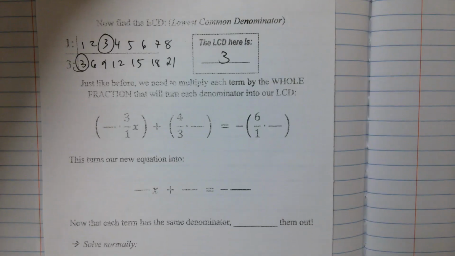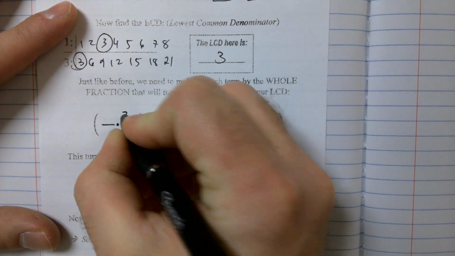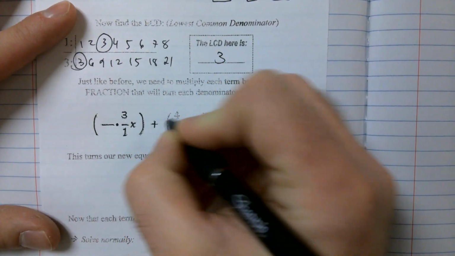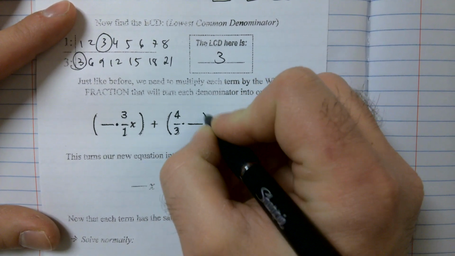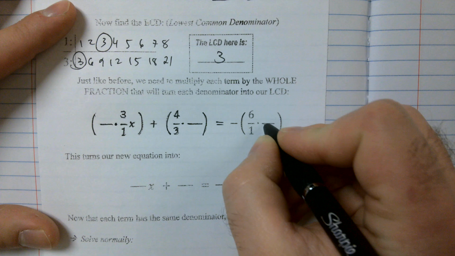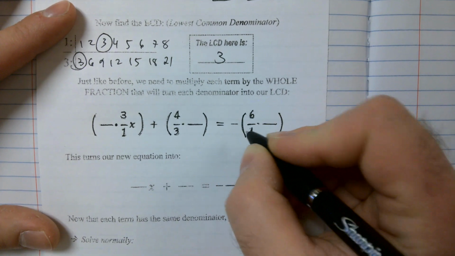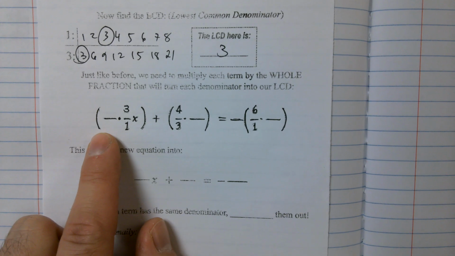If I've got 3 over 1, I have a 1 on the bottom, and I want a 3 on the bottom.